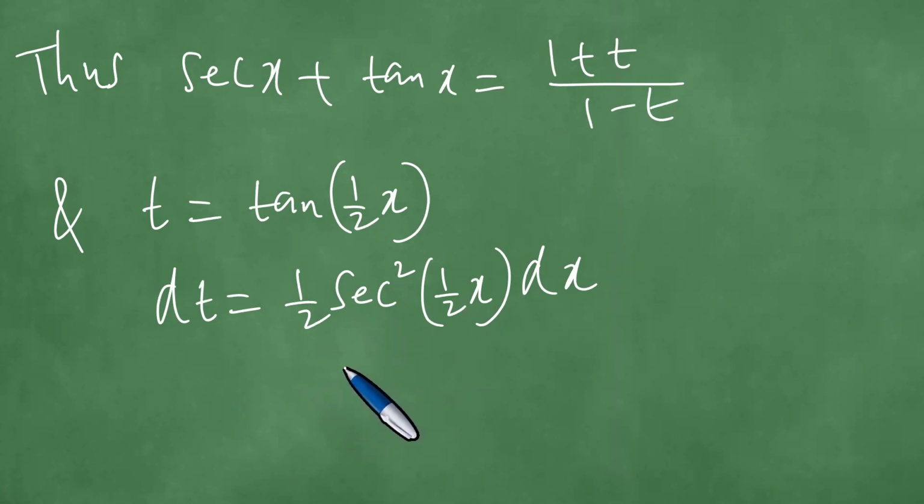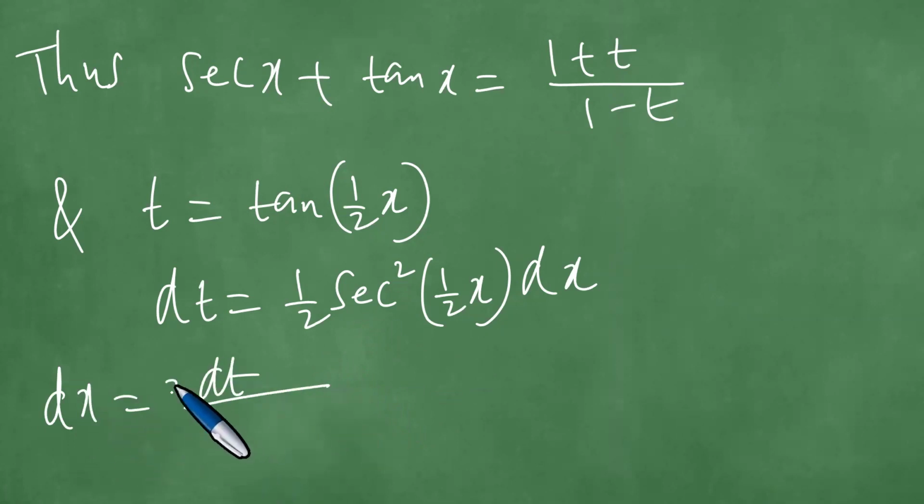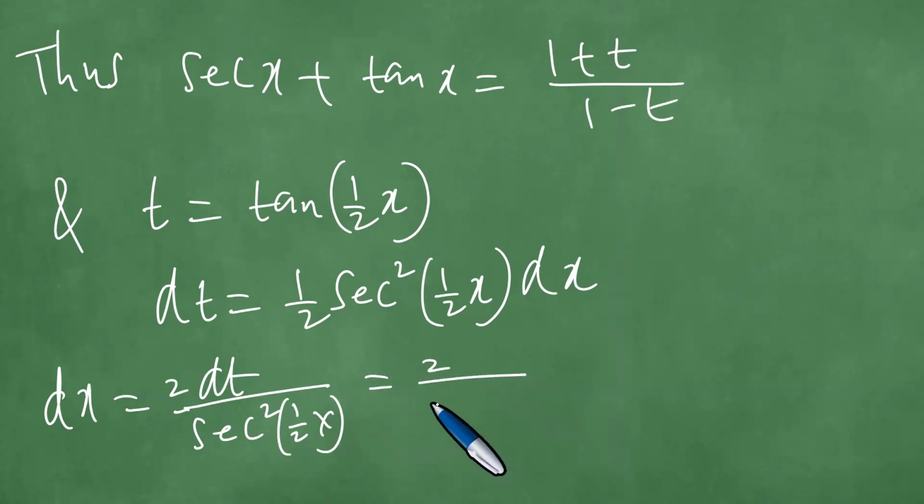There are a couple of very important things for us to consider. So dx is dt divided by 1/2 the secant squared of 1/2 x, which is 2 dt divided by the secant squared, and the secant squared is 1 plus the tangent squared of 1/2 x.